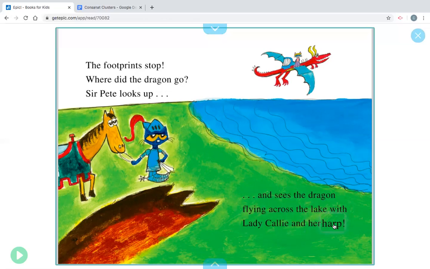Huh. Do you see it again? Dragon. See dragon for a third time now. Take a guess. What do you think we're going to have more of a consonant cluster? Are we going to have more words with a BR or more with a DR? Because so far we're tied 3-3.